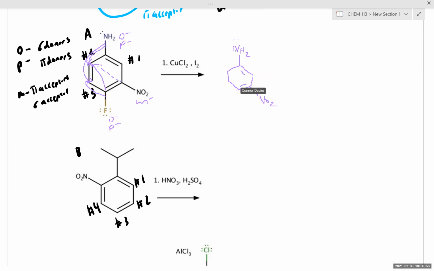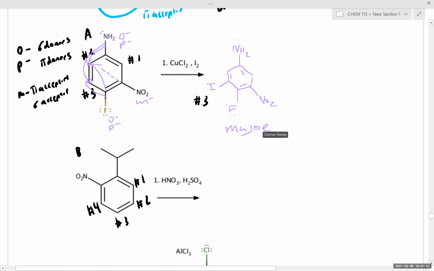Yep, perfect. Now let's add our substituents on and let's indicate the major and minor product. And interestingly enough, there are only 2 products observed in this reaction. The third product is never seen. So we have the first product drawn, which is reaction at position 3, arbitrarily labeled, and they call this major because it has both of your directing groups directing reaction at that position.